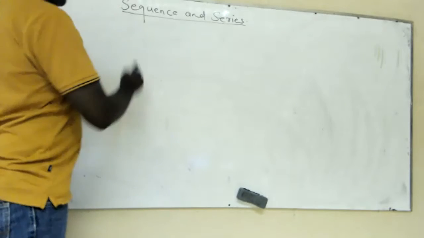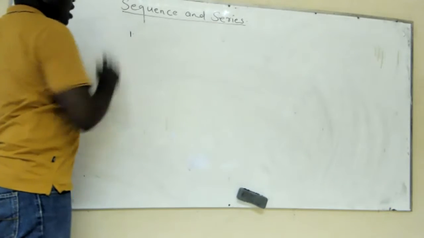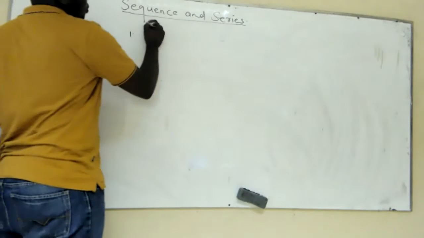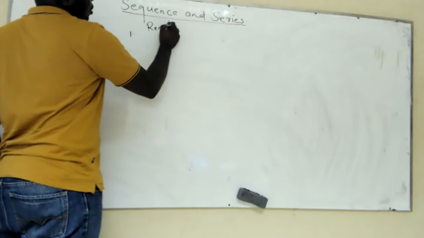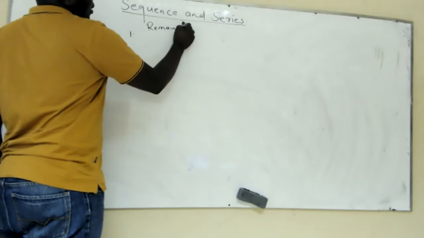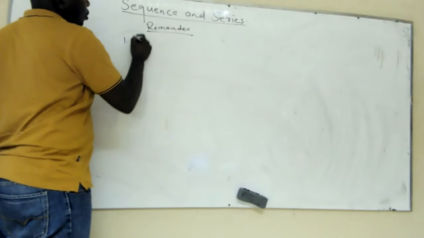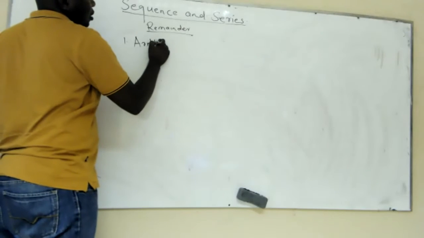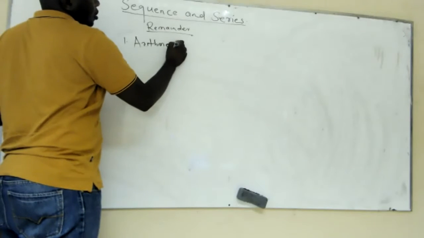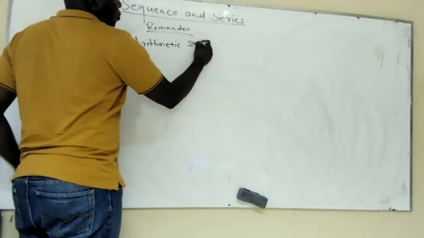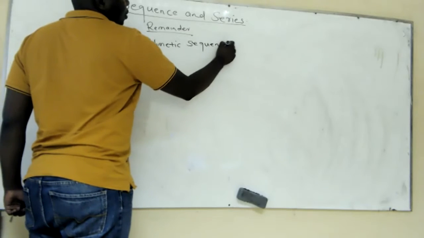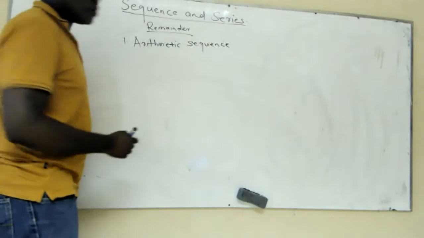Okay. Now, I want to remind you about what we have covered. So this is a reminder. We have covered what is called arithmetic sequence. I've given you the formula for arithmetic sequence.